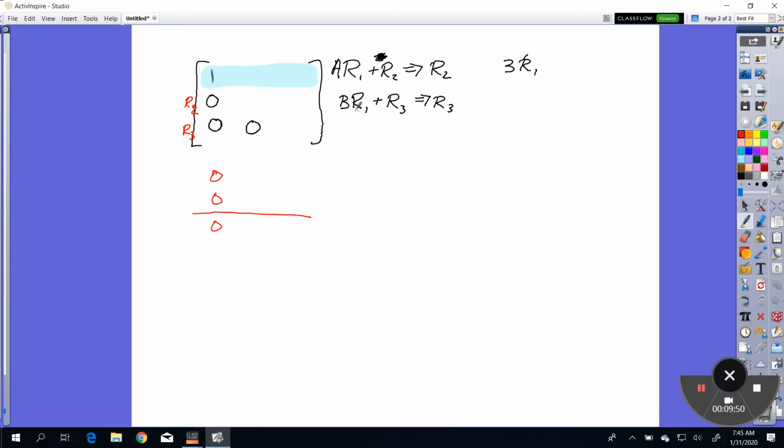So in order to get this next step to be a 0 right here, I'm going to take something times row 2 and something times row 3, probably some number, and it's going to make a new row 3. And when I get that, I'm going to have some number right here.